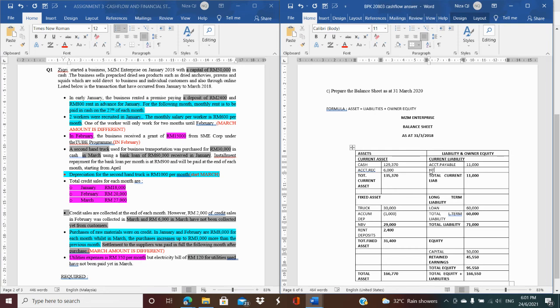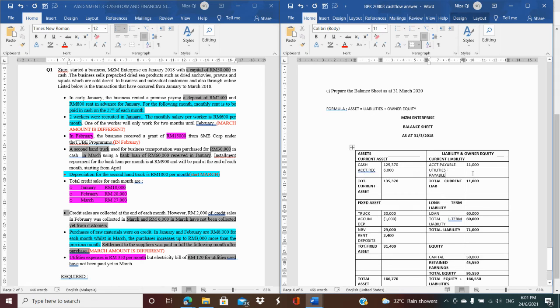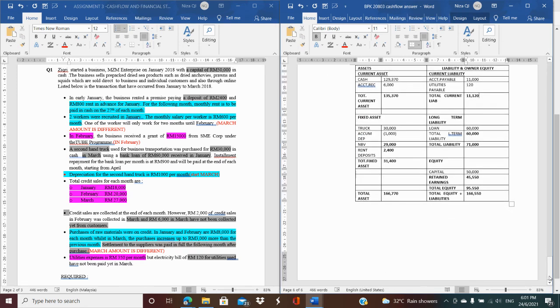So you still owe money. There is another thing here: utilities payable, the amount is 120. So here it will be 1,120, and that is why there is the difference. So it will be 71,120.